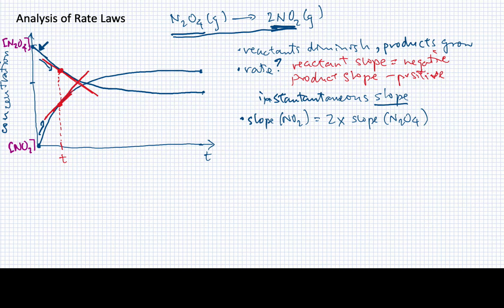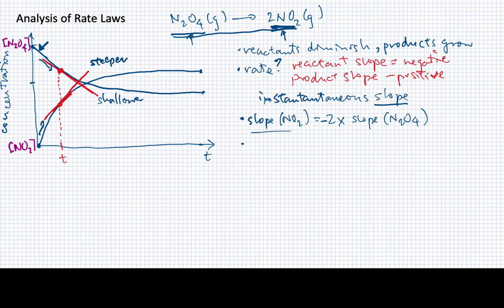So that means the rate of appearance of NO2 has to be twice as great as that. And that's what this slope means. So we should expect to see a steeper climb on this and a shallower decline for the negative slope. Now, I should probably also say that there's a negative sign here because these two, the products and the reactants, must have opposite signs of their slope. One is a negative slope and one is a positive slope.